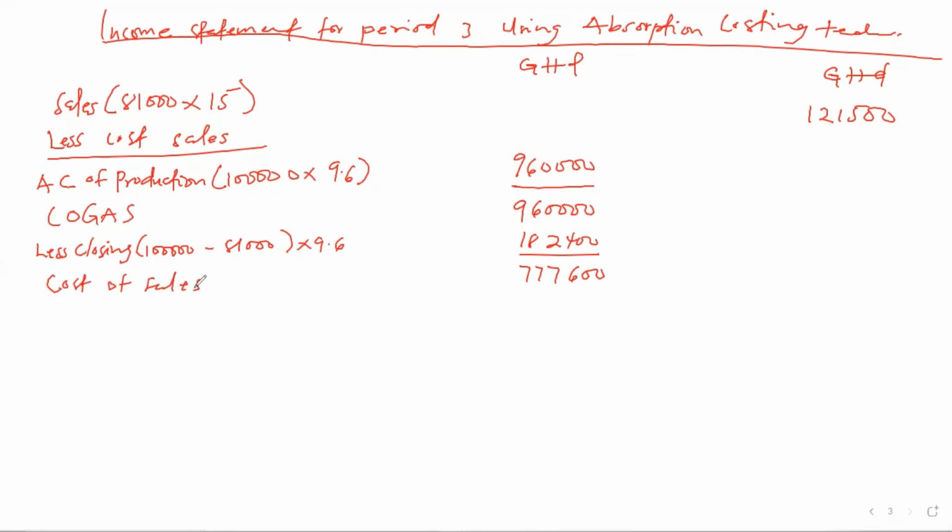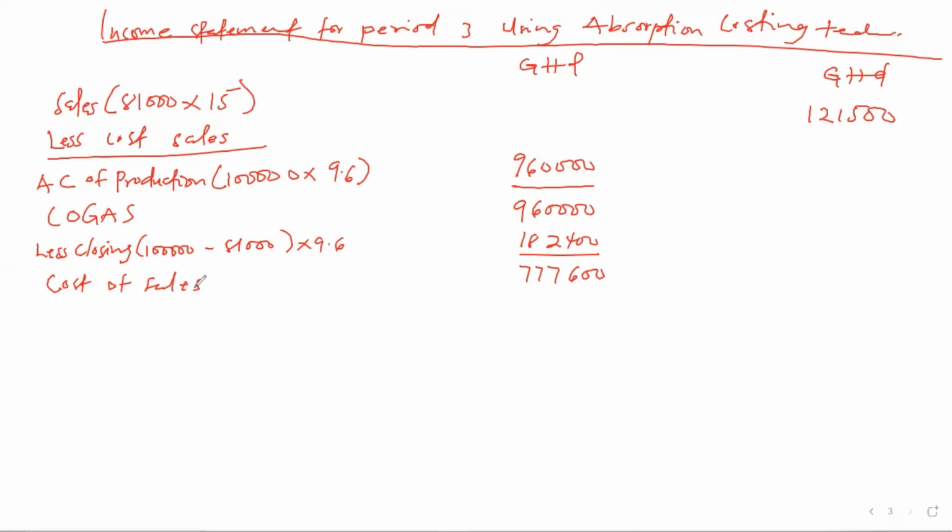Good. So under the absorption costing technique, when you get the cost of sales, we don't add variable expenses. Please note this. That is why I say it's just a format. And the format is saying that when we get to this point, we shouldn't add variable expenses. We should check the question if there is any under absorption or over absorption.